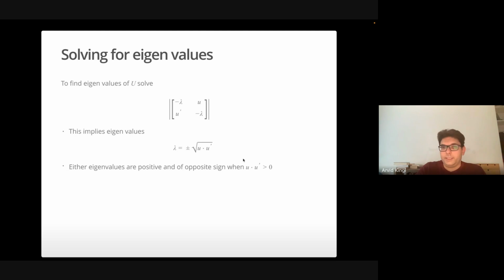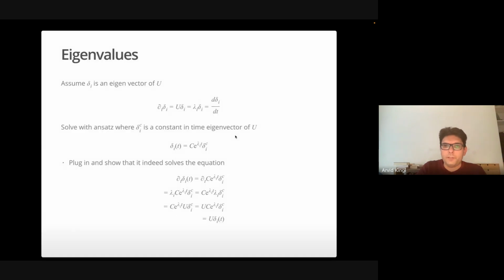And what is quite interesting is that the nature of the product of the u values tells you the nature of the eigenvalues. So if u times u prime is positive, then the eigenvalues are a positive and a negative number. If you go back, what does a positive or negative lambda do here? If it's a negative number, you have a small delta and you multiply it by e to the minus something, some small time step or whatever you take, then the absolute magnitude of delta will become smaller and smaller, so you essentially fall back to your equilibrium point.